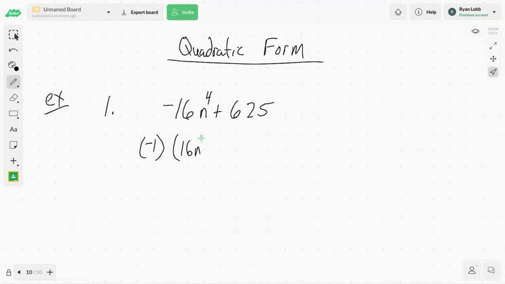16 n to the fourth minus 625. Okay. Now we look at this and we say, does this factor? A lot of the factoring depends on how something looks, and then you have an understanding of, depending on how something looks, different ways that it might factor, whether it's a sum of cubes, difference of squares, if there's a monomial, or if it's a factoring of a quadratic.